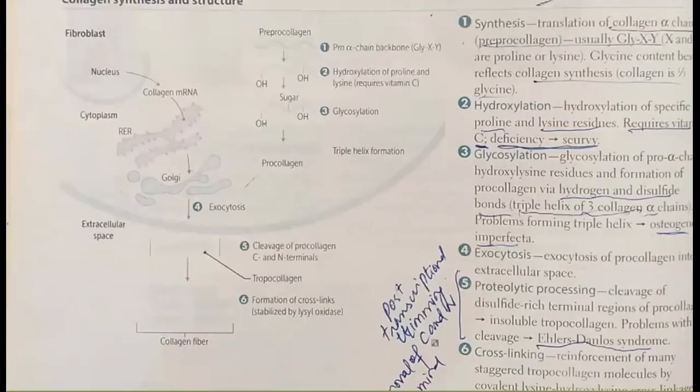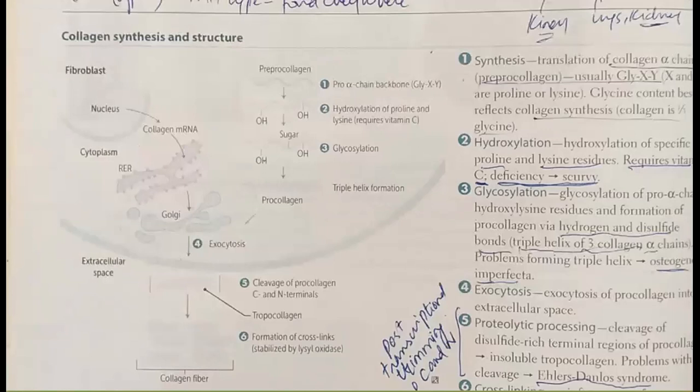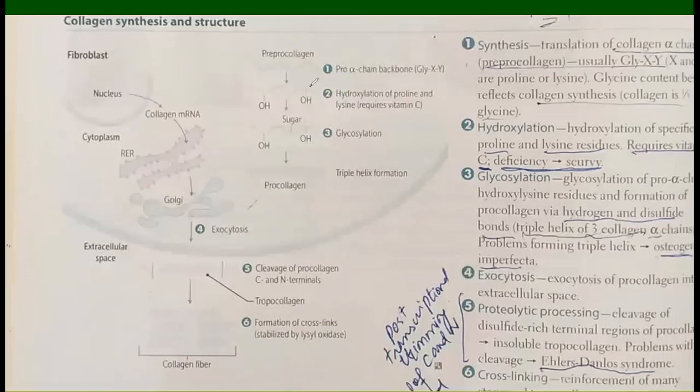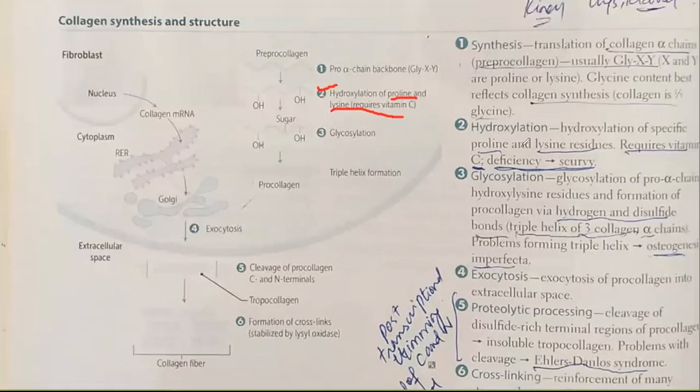So in collagen synthesis, this is the second step, which is hydroxylation of proline and lysine, and it requires vitamin C. It is written also over here, hydroxylation of specific proline and lysine residues. Proline and lysine are amino acids, okay?